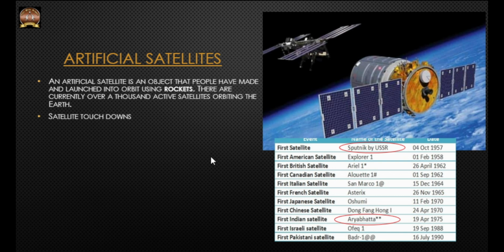The Mars Orbiter Mission, also called the Mangalyaan, is a space satellite that was launched by ISRO on 5th November 2013. It's a space probe or satellite which has been orbiting Mars since 24th September 2014.